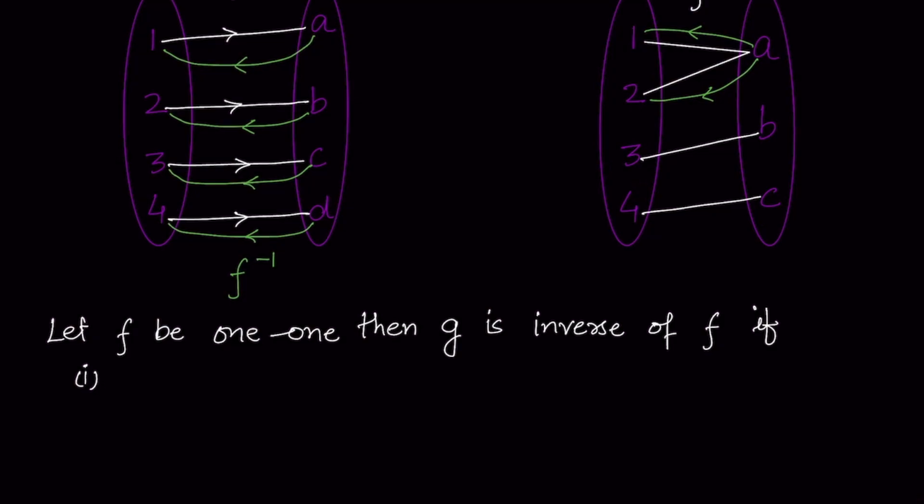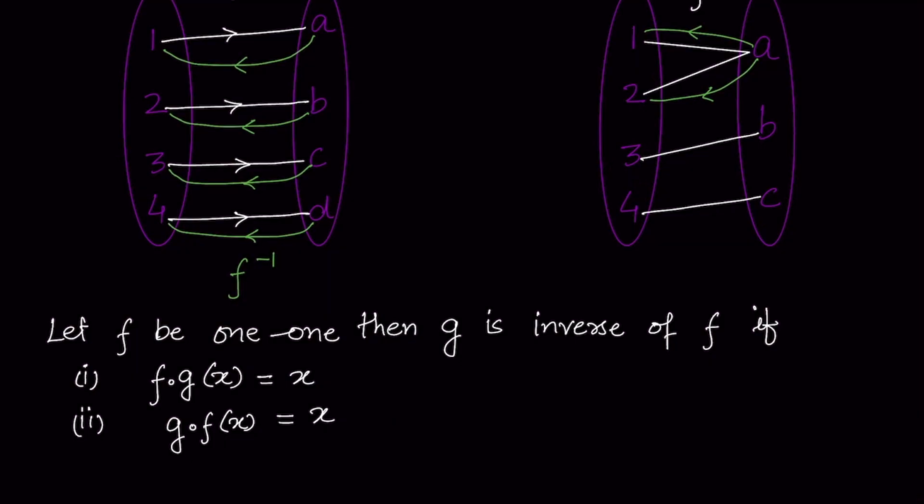If you start from g and then you go along f, you reach back to the same point. And if you start along f and then you compose with g, you reach back to the same point.